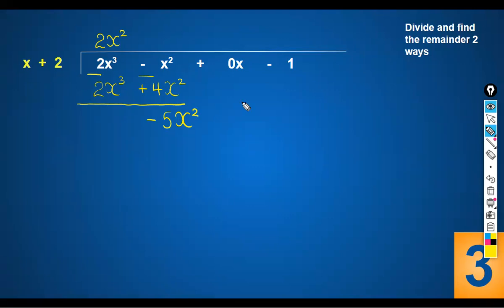Make sure you have that, right? Because it's minus x squared minus plus 4x squared. Minus and a plus is a minus. The 0x jumps in, joins the party. X into minus 5x squared is minus 5x.